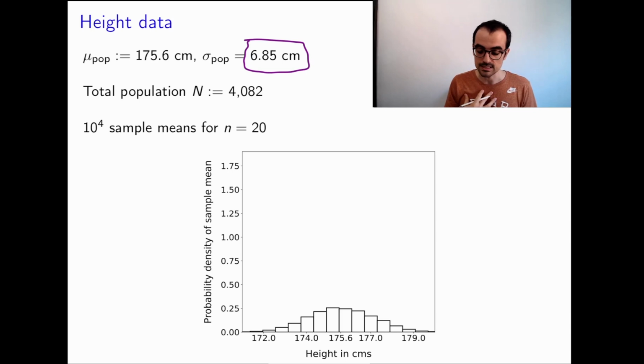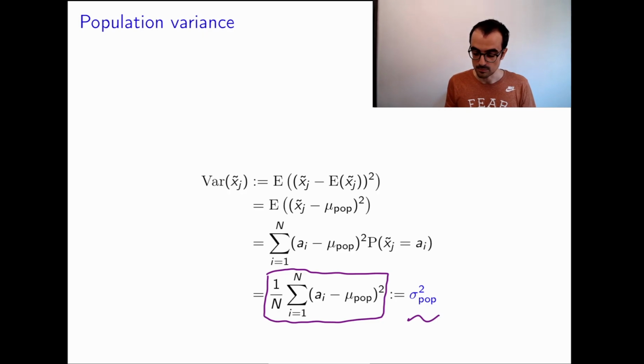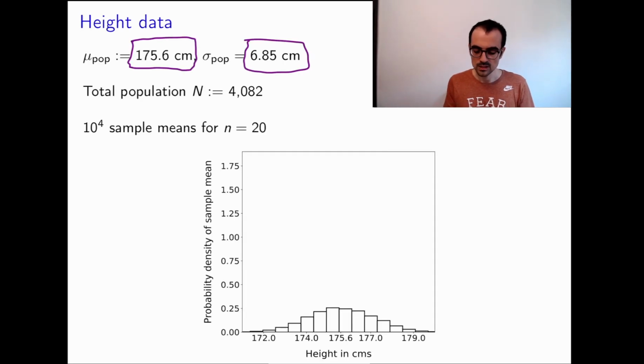So in our data set that we're using for our numerical experiments, which is this height data from the US Army, the true mean is 175.6 centimeters, and the population standard deviation is 6.85 centimeters. Obviously finite. And notice, by the way, that the population variance is always going to be finite as long as you have a finite data set. We'll talk more about this in a subsequent video. Anyways, we have a total population of 4,000 people.